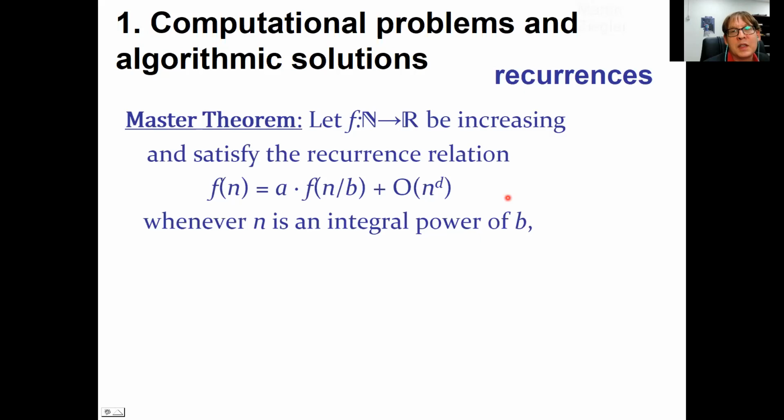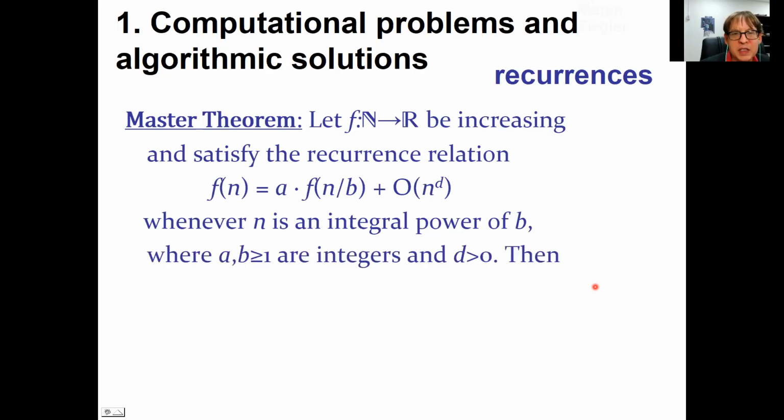So in the solution, A and B and D will occur as constants, but will often be omitted because they are constants. Right. And asymptotically solving this recurrence in turn also solves our analysis of the computational cost of the algorithm that we're going to devise for polynomial multiplication in this chapter.